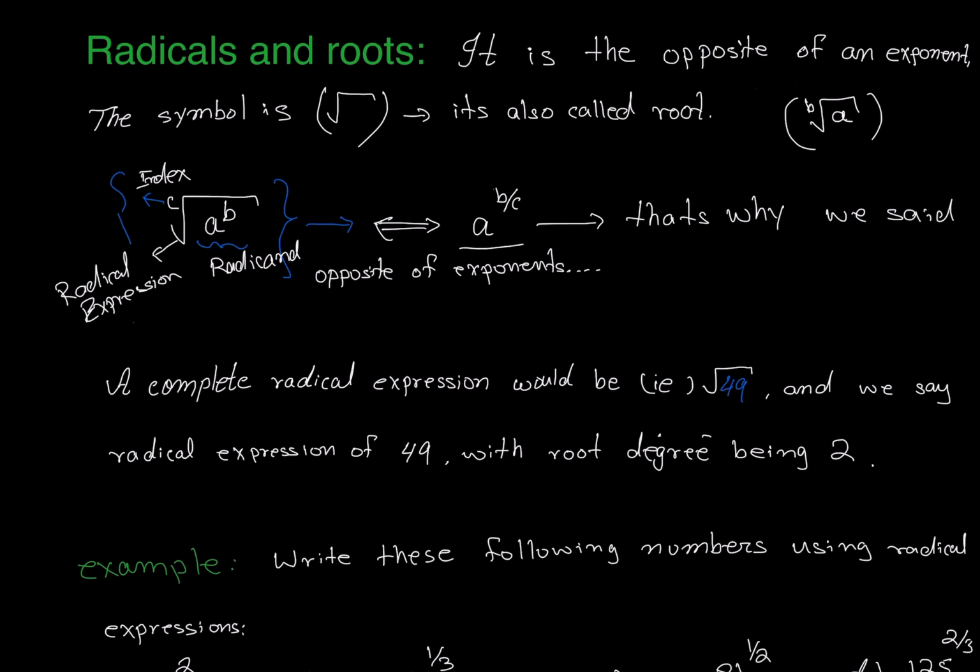So it'll be a to the power b over c. So that's the power of a, and that's divided by c. And that's why we call it the opposite of an exponent, because being an exponent, for example, a to the power b means a is multiplied by itself b many times.